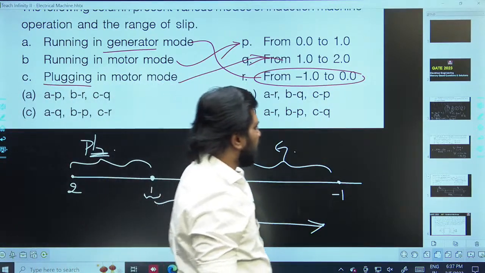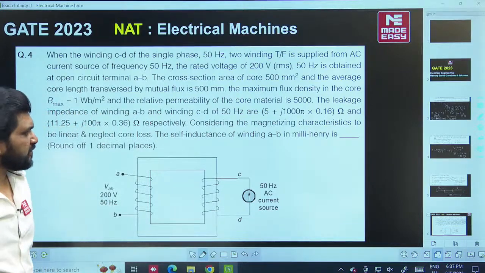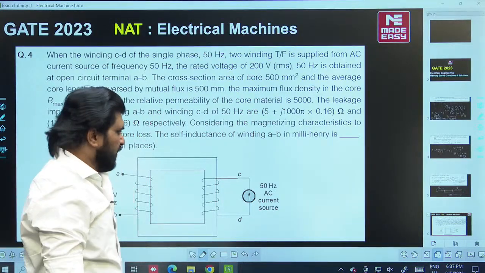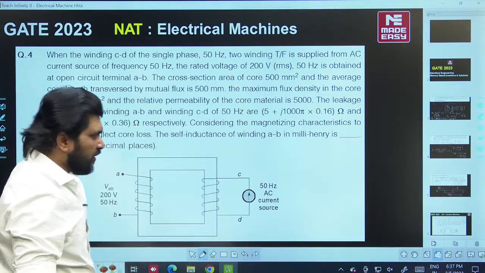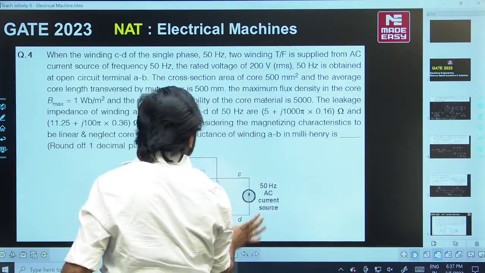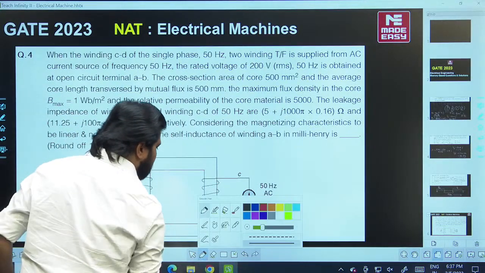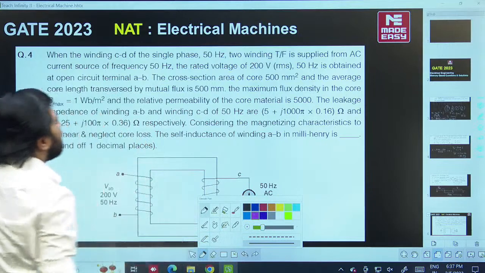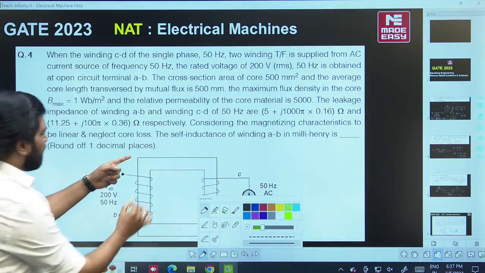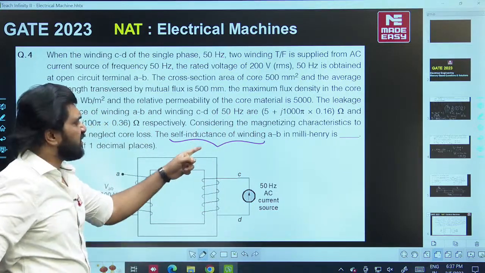Next, transformers. This is a transformers question, but you have to use basic network theory here. First I'll read the question and I'll mark the data required to solve it, because finally the self inductance of the winding is given. This is the target.